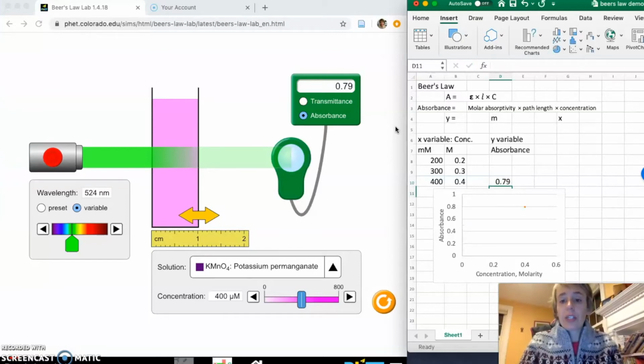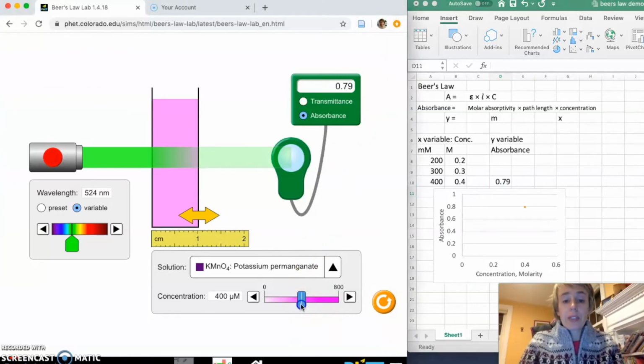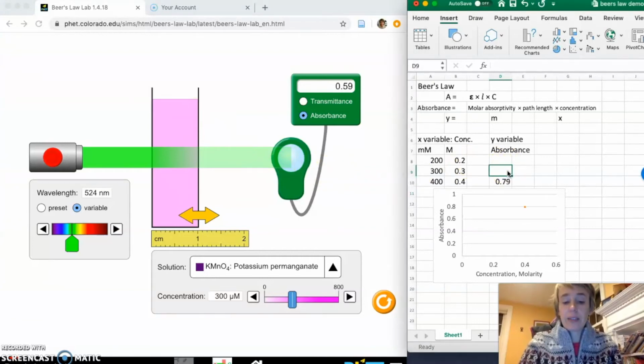Absorbance is unitless, and it's the data that we get right off the spectrometer. Let's reduce this to 300 micromolar. As we would expect, the solution appears lighter in color. There's fewer molecules there to absorb that light, and so our absorbance has dropped down to 0.59.